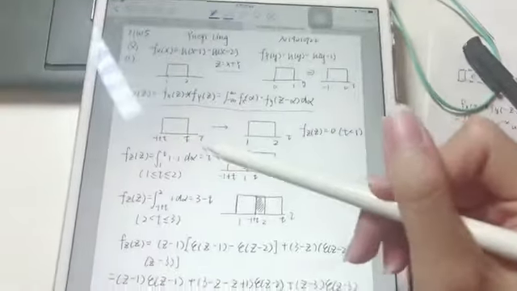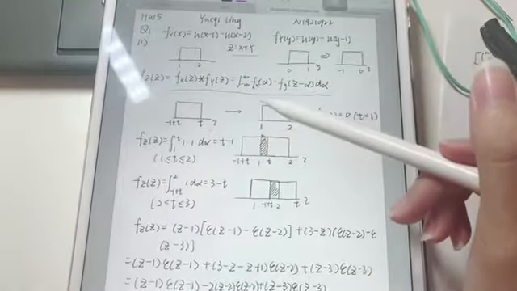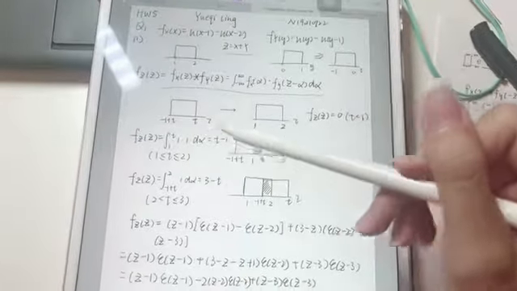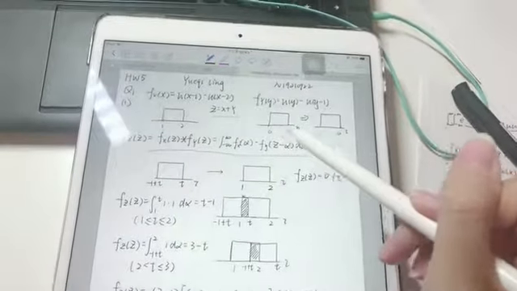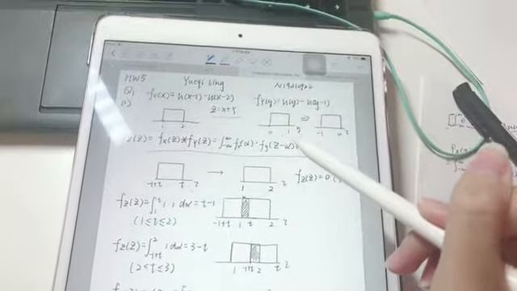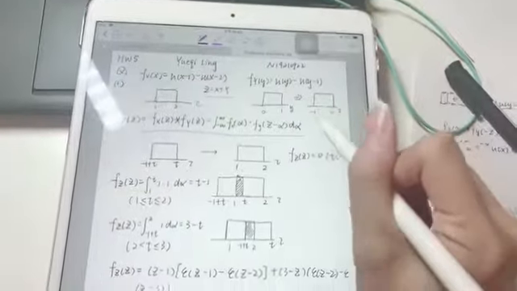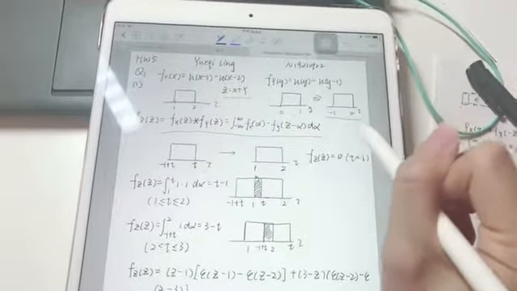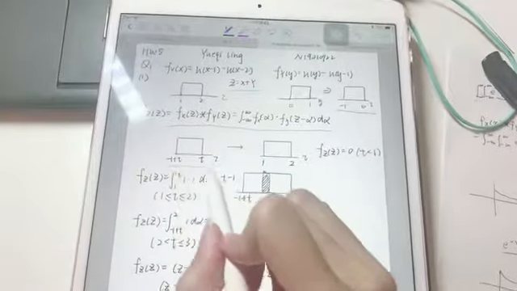At first, we can get the figures of these two functions, fx and fy. Then we change them into tau, flip one of the functions, and add t to this function.